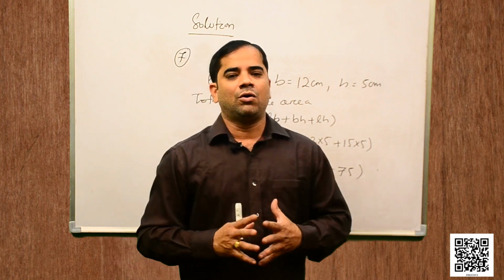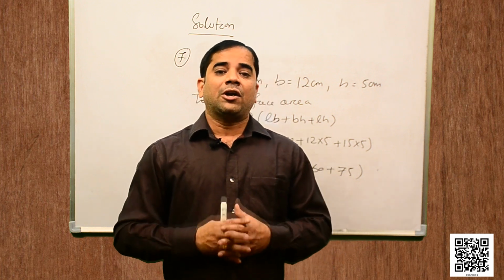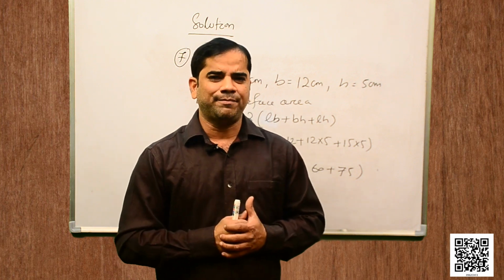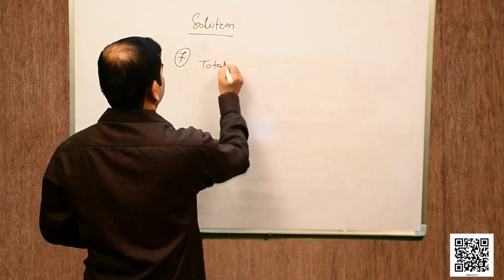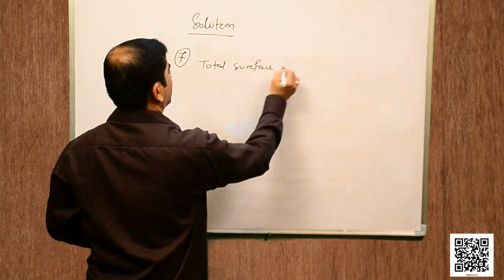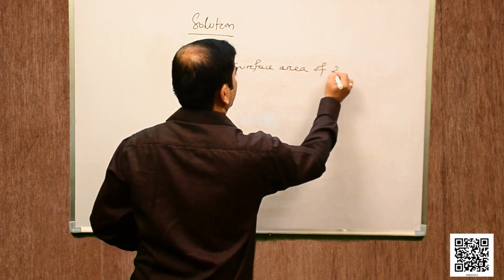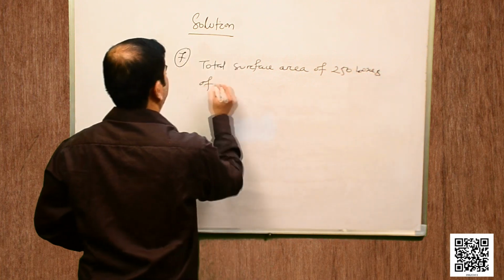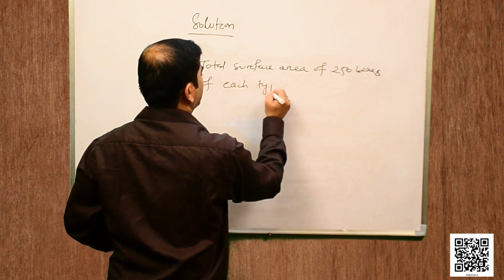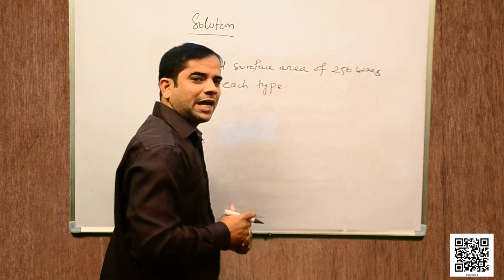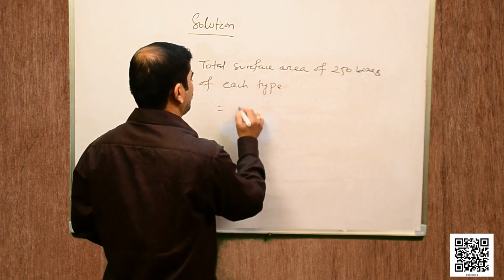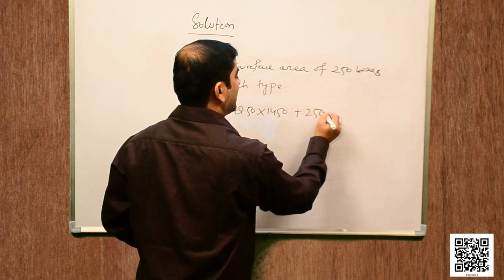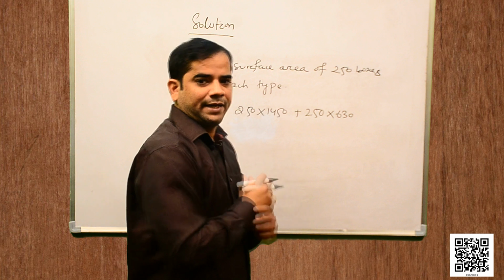So, now we have found out the total surface area of the bigger box as well as smaller box. Okay. Now, total surface area for 250 boxes is to be found out. So, let us find it out. Okay. So, total surface area for 250 boxes of each type, that means 250 bigger boxes and 250 smaller boxes is equal to 250 into 1450 plus 250 into 630.